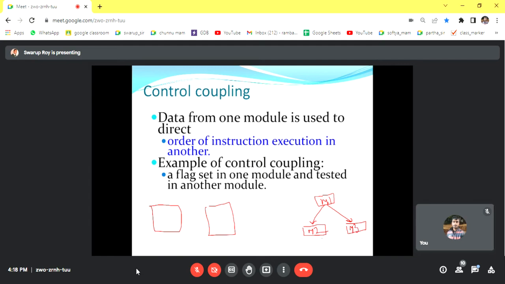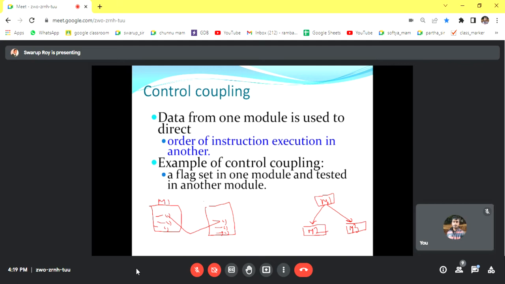In that case, they are not directly communicating. Who is communicating? There may be a set of functions inside a module. Those functions, those procedures, are actually communicating, and if there is any dependency, then we will say that this particular module M1 is depending on M2.